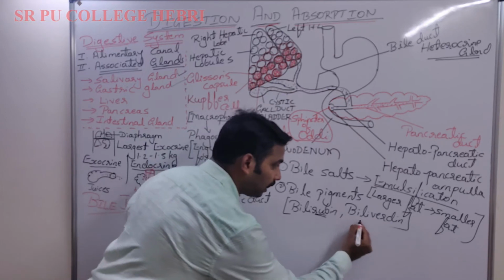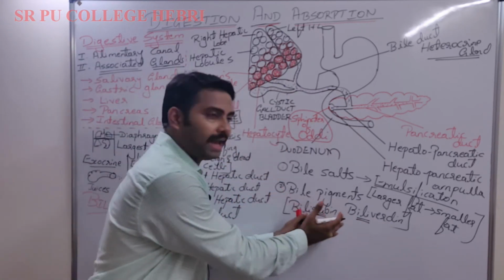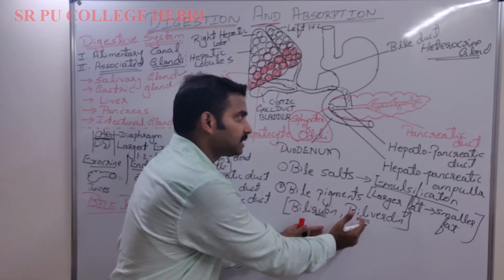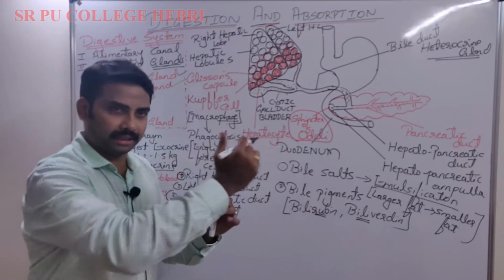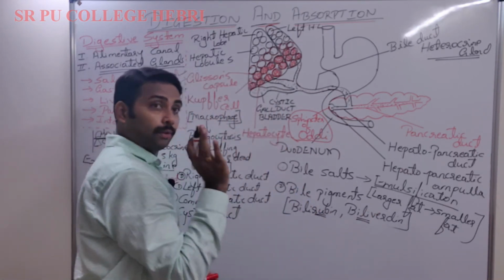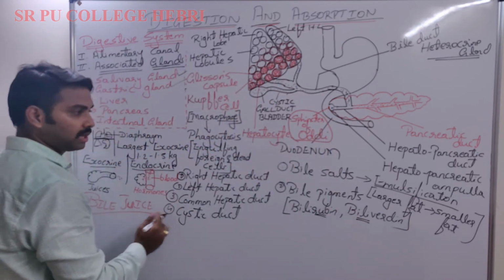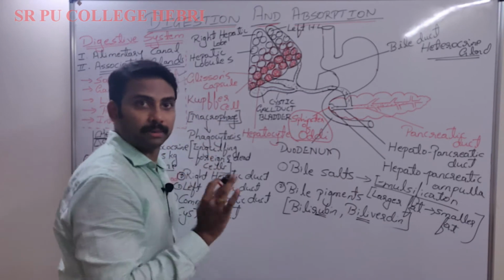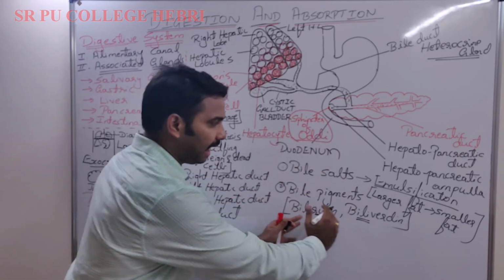These two are actually waste, not a good product. These wastes are later released through our digestive system. How? I will tell you later. They give coloration to the bile juice. That's why they are called bile pigments. They are usually waste, later removed.